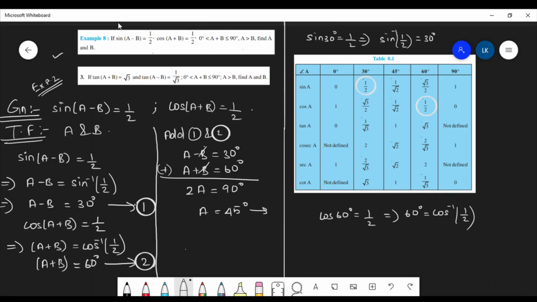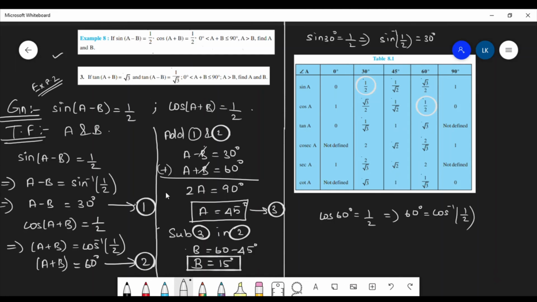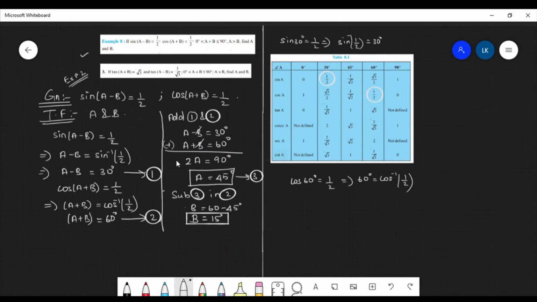Now substitute this, equation 3, A is equal to 45 degrees, in equation 2. Therefore, B is equal to 60 minus 45 degrees, which is equal to 15. B is equal to 15 degrees. Hence the result.